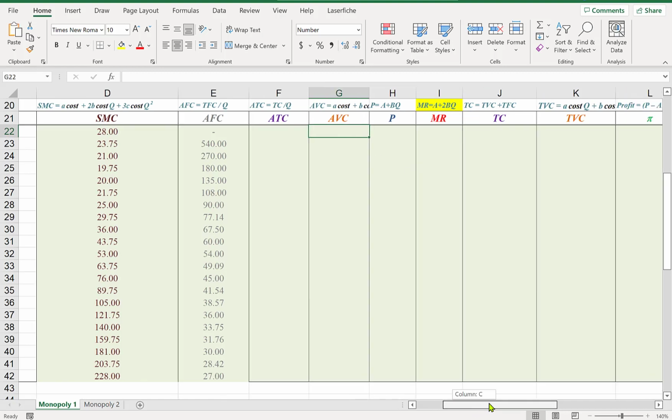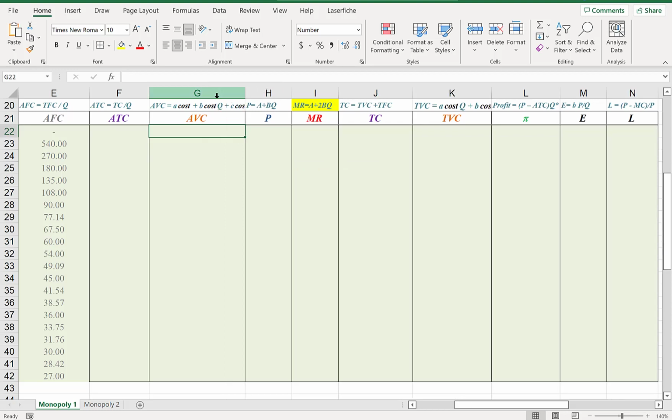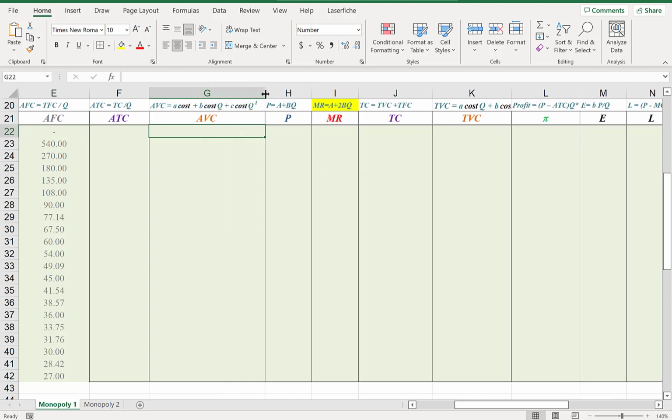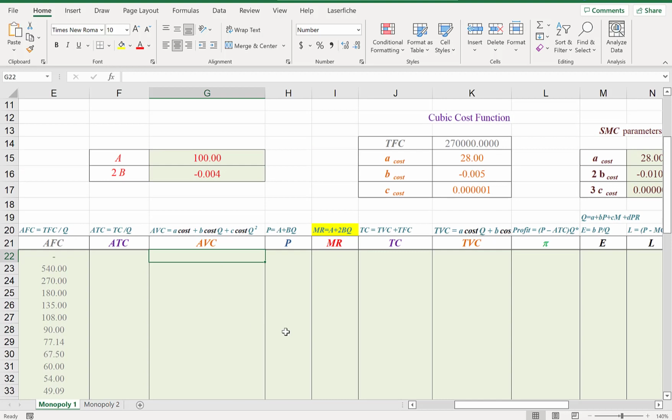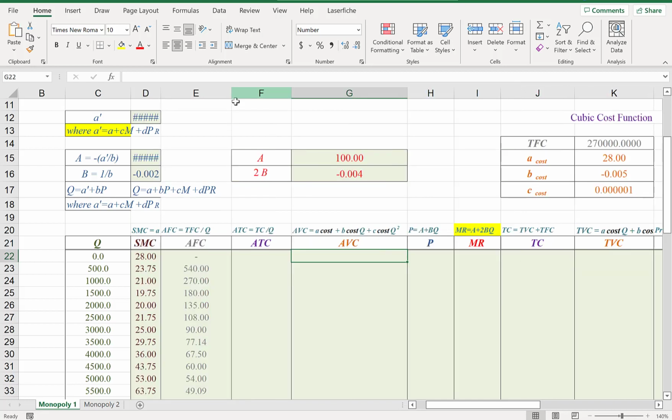But let's work on average variable cost. I'm going to open up this formula to see what it looks like. Average variable cost reads as equal A cost.